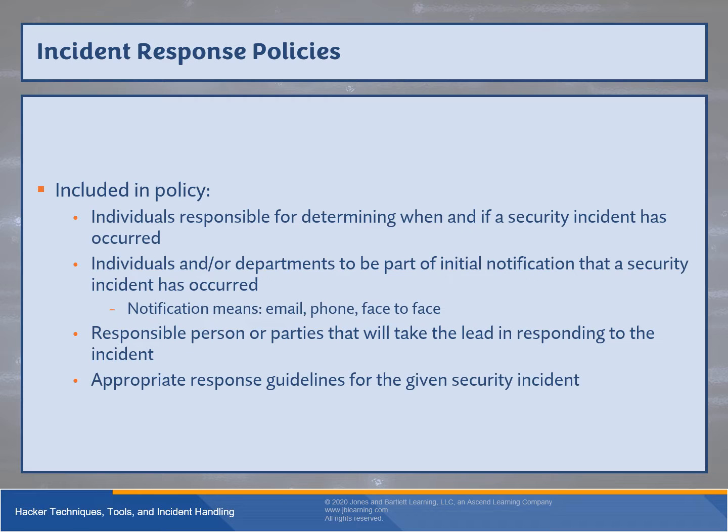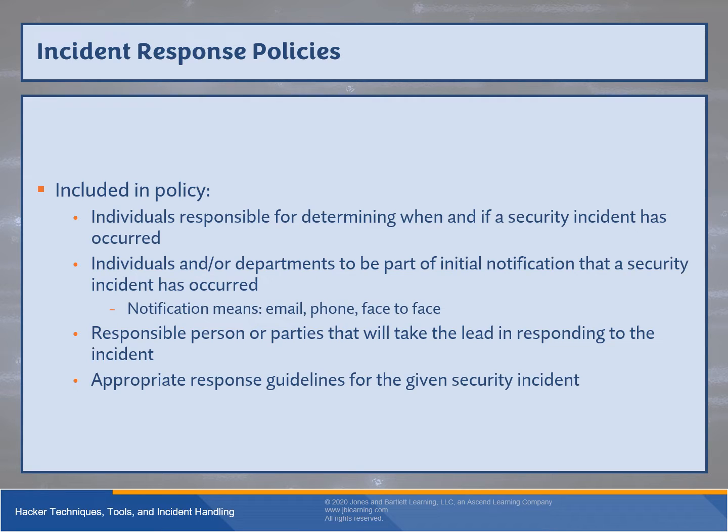We also need to know who's part of the notification process. So if we have a security incident, for instance, we need to make sure that we know where in the chain of command we find who needs to be called, who needs to be emailed. If anybody outside the company needs to be notified, do we need to be able to notify the police? In certain cases, do we need to notify the Department of Homeland Security or the FBI?